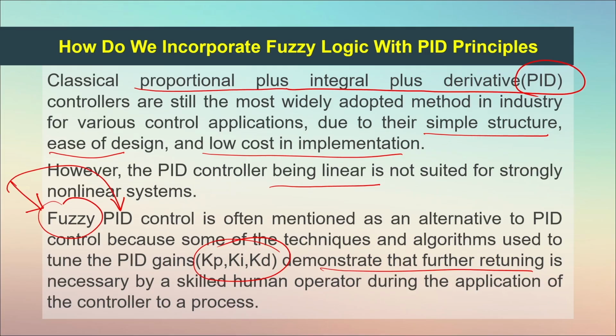Here there is no need for a skilled human operator. In the previous case, when operated only with the PID, we need a skilled human operator, and that operator will do the adjustment process while applying the controller to a process. But in this case, this is not necessary.